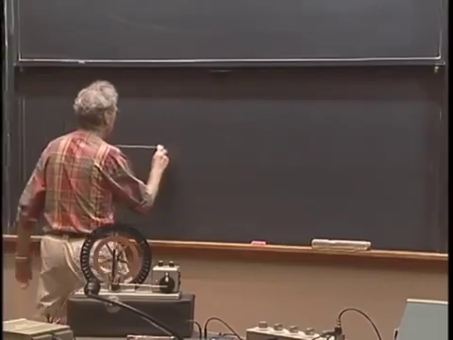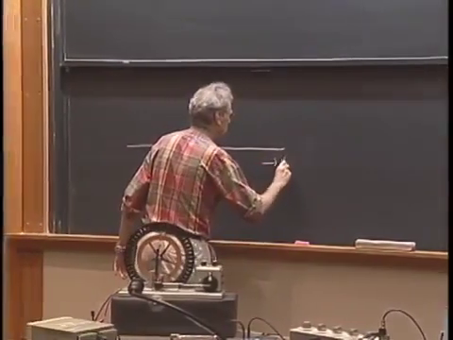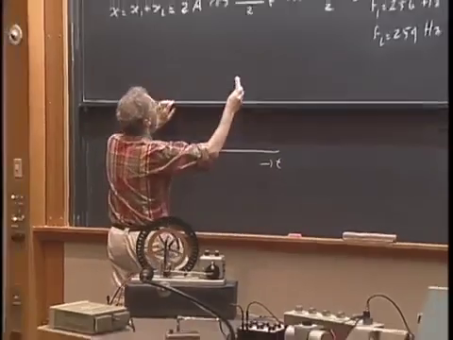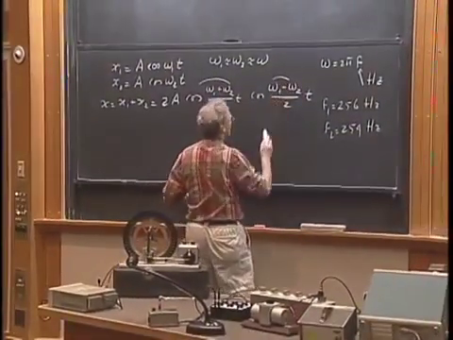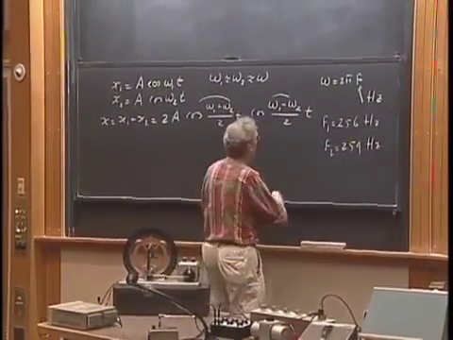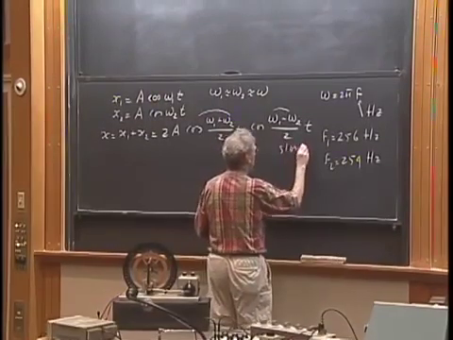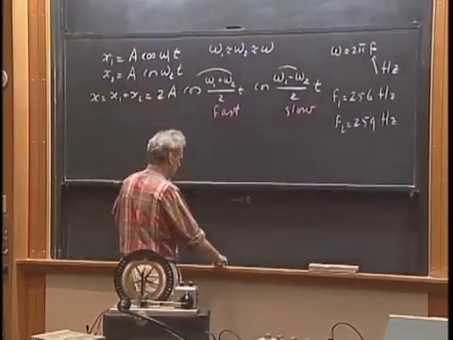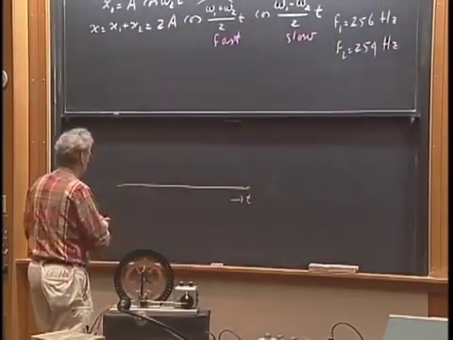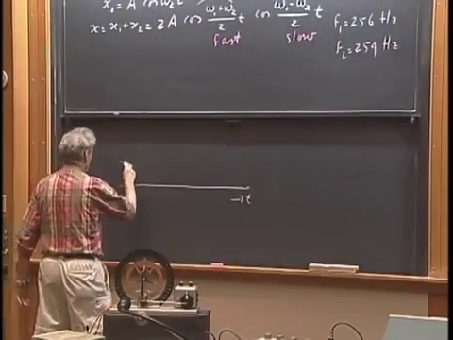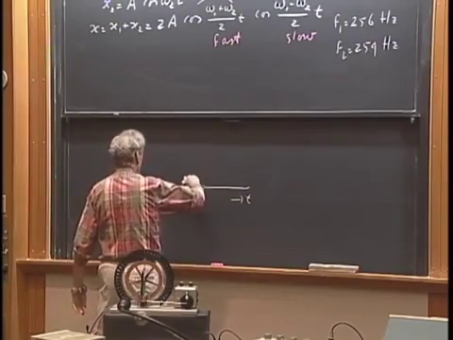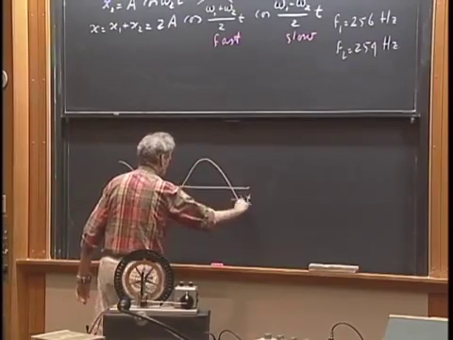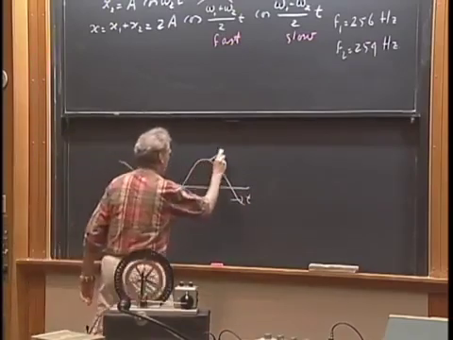of x as a function of time, I will first sketch this very slow term. So this is very slow compared to this one, which is very fast. I will first make a sketch of the very slow one. So this is the slow one.